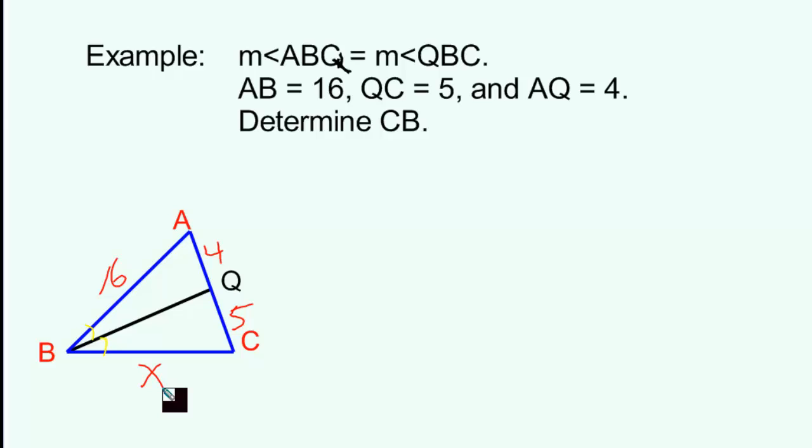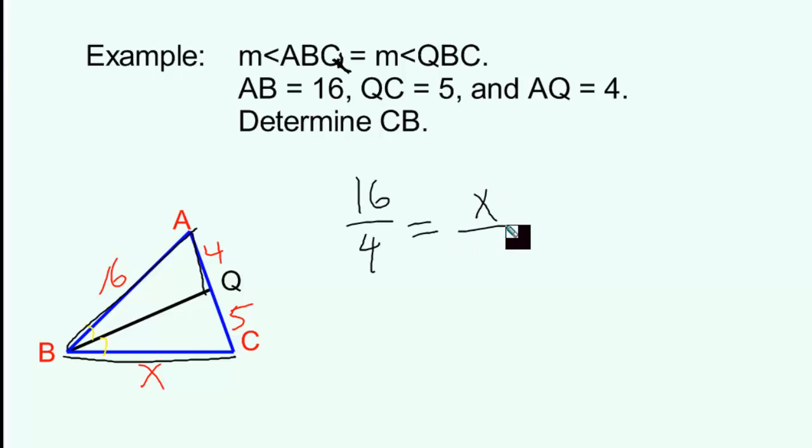The fact that those two yellow congruence marks are in there tells me that side BQ is indeed an angle bisector. And since BQ is an angle bisector, we can apply the angle bisector theorem, which states that this side will relate to this side in an equal way that this side will relate to this side.